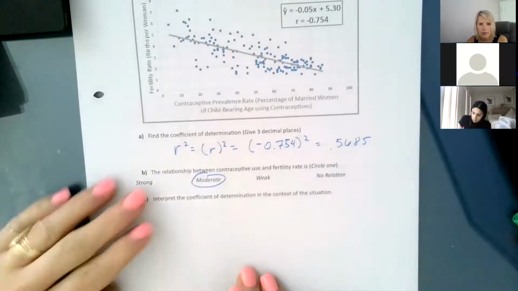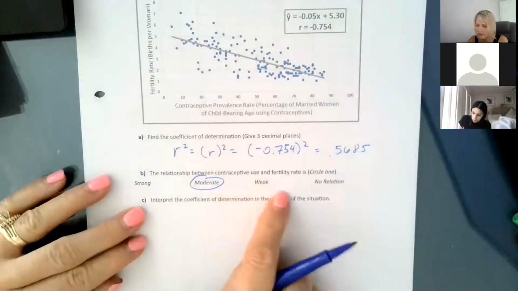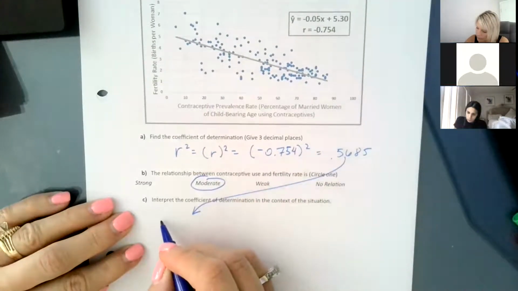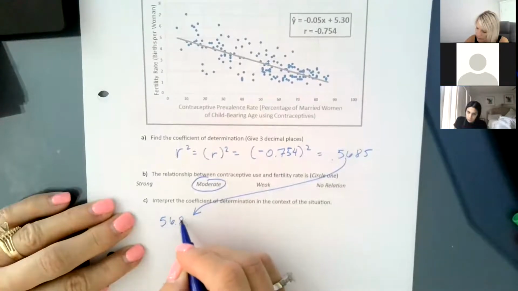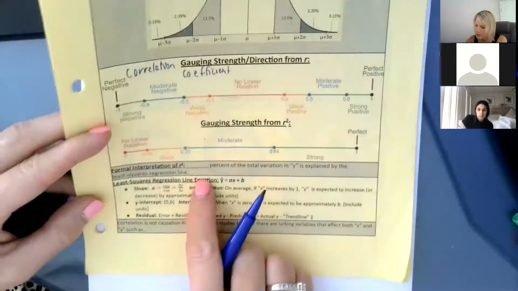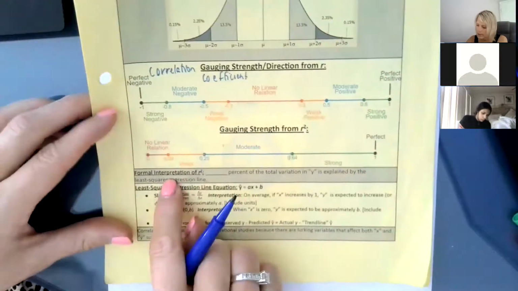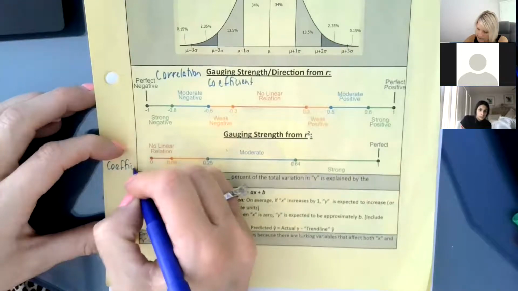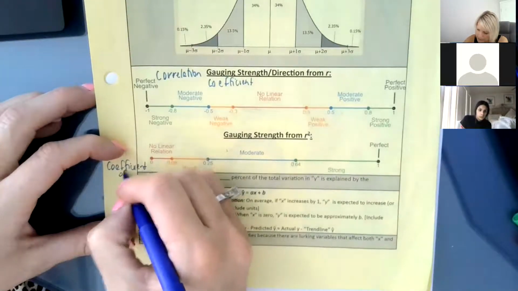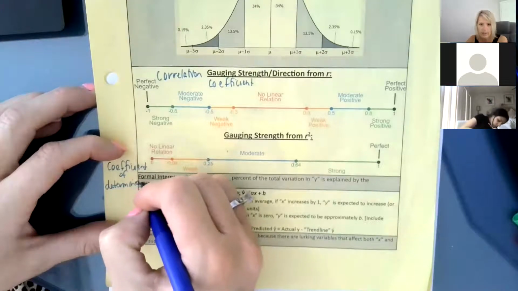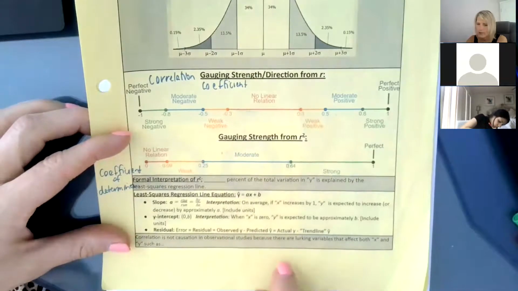C says, interpret the coefficient of determination in the context of the situation. We always interpret it in percentage form, from our yellow sheet right here. This is the formal interpretation of your coefficient of determination. I'll probably write that on your note sheet too. It says blank percent.